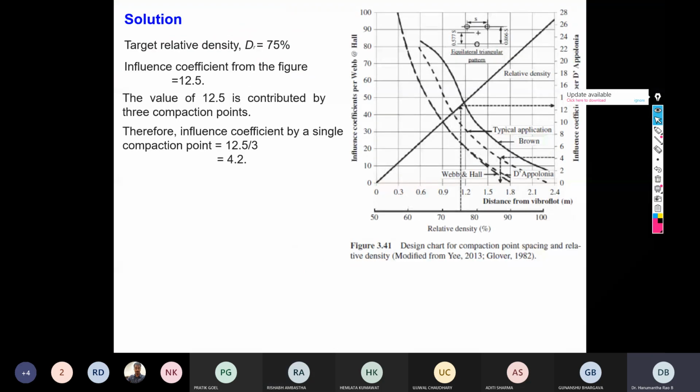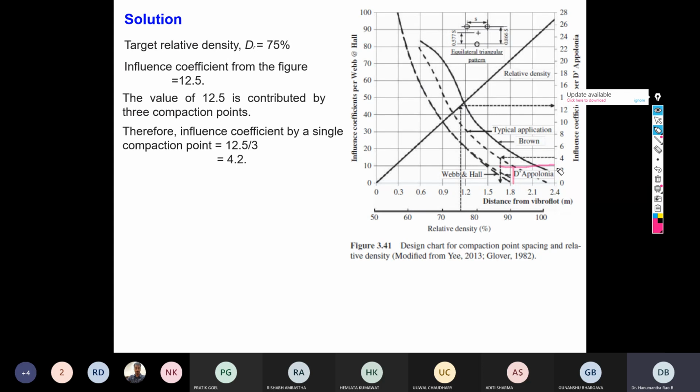Suppose I'm going to use the square pattern for the same thing, then 12.5 divided by 4, what I will get is around 3 plus something. So 3.1 we will get. If you drop a line corresponding to 3.1, then the spacing increases.